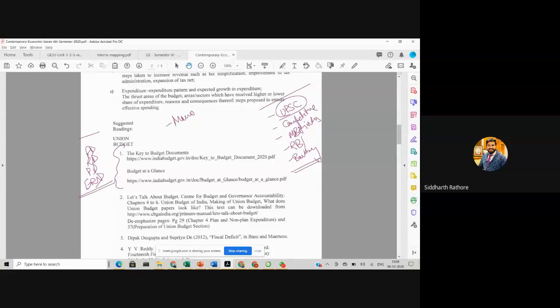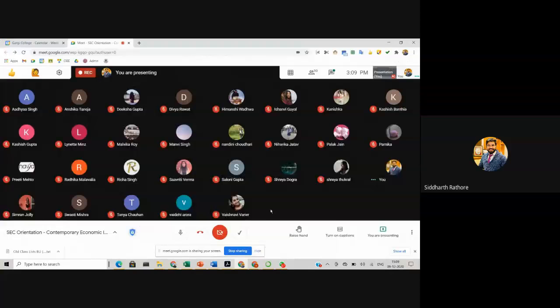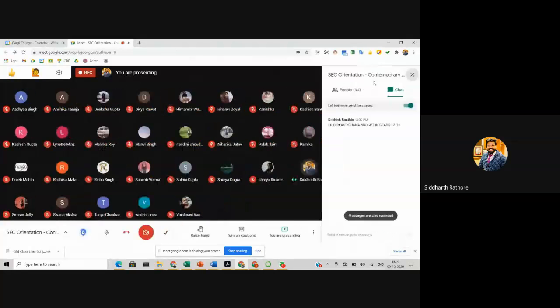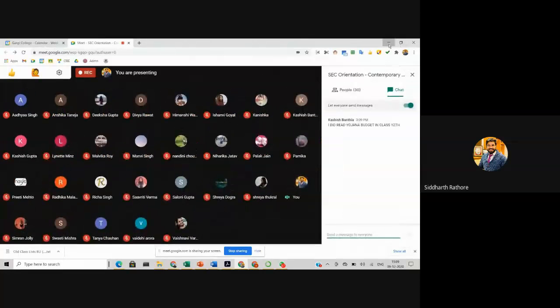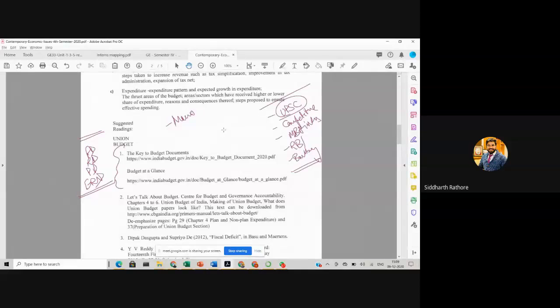When you read an economics paper, Yojana is one thing, but at the same point of time, if you go through any newspaper, these are some common terms that don't necessarily come only from the budget. For example, because of COVID, the Government of India has to borrow a lot, so its fiscal deficit and revenue deficit will rise a lot, but you need to know why the revenue deficit is rising and why the fiscal deficit is rising.